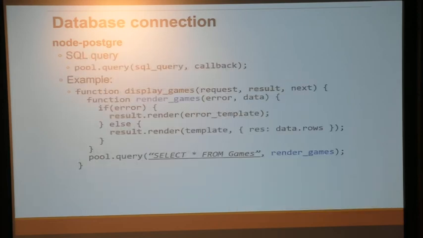If you want to send a query to the database, this is how you can do it. Now, display games here will be your callback. Sorry, not this particular callback, but it will be from the routing, right? So if you have app.get, you have this display games.